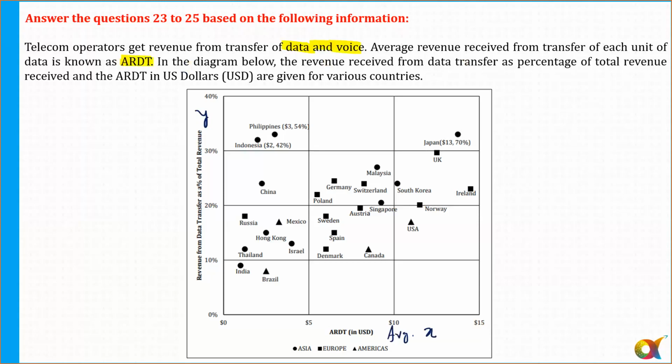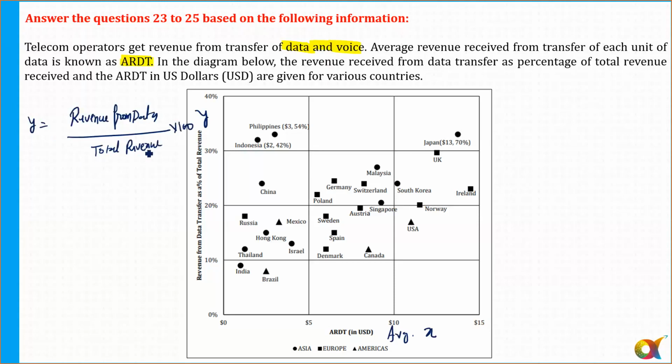And in the diagram below, the revenue from data transfer as a percentage of total value received is given against the ARDT. So what is given? What is Y? Y is nothing but the revenue from data upon total revenue, into 100.